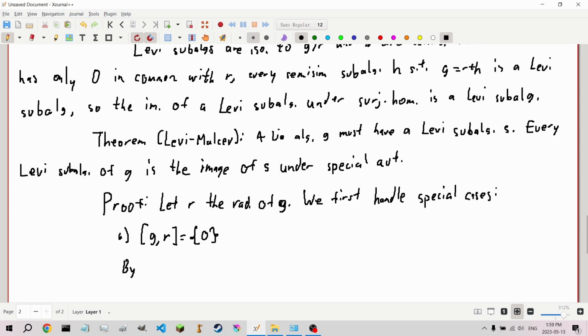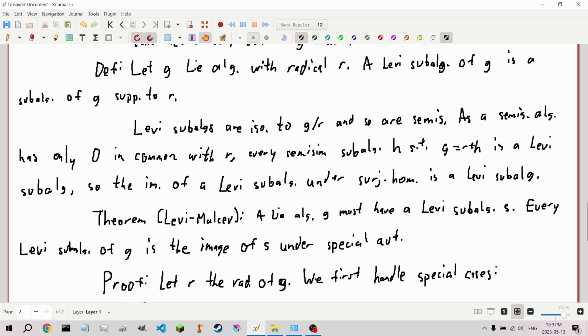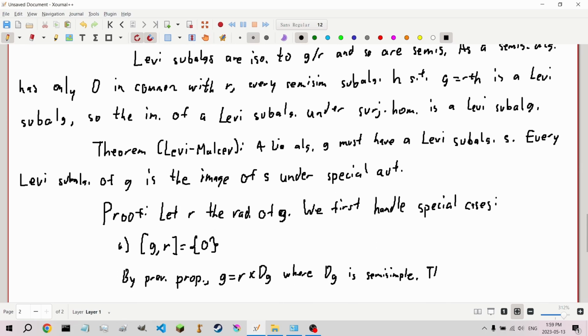Then by our previous proposition, G is the product of its radical by its derived algebra, where DG is semi-simple. Thus, DG is a Levi subalgebra.